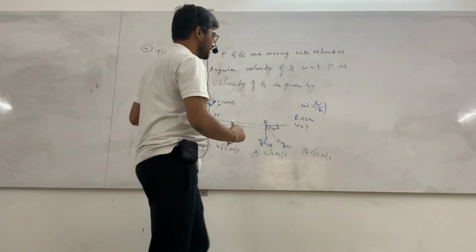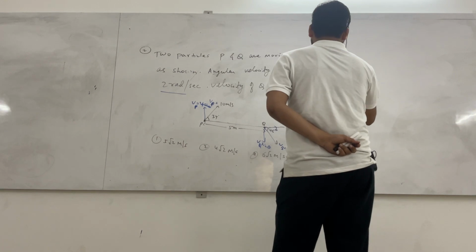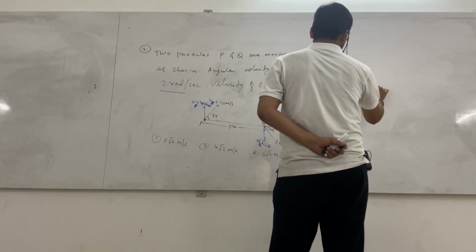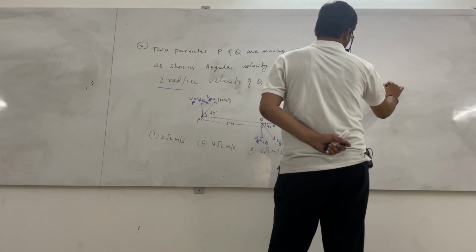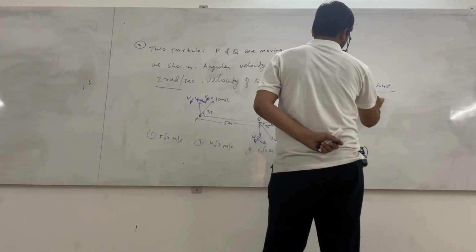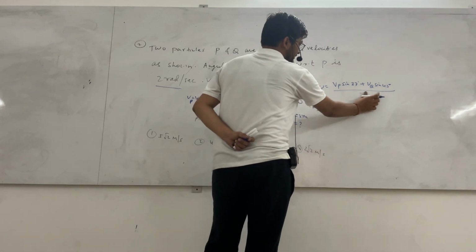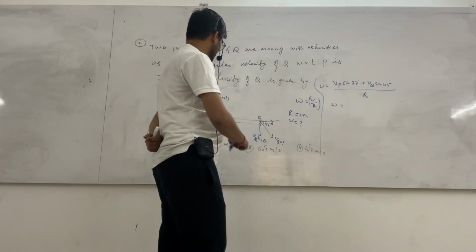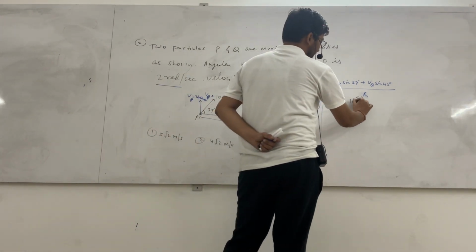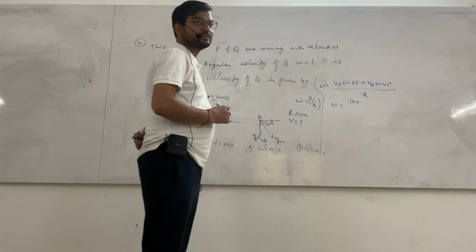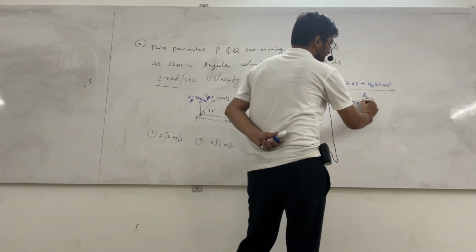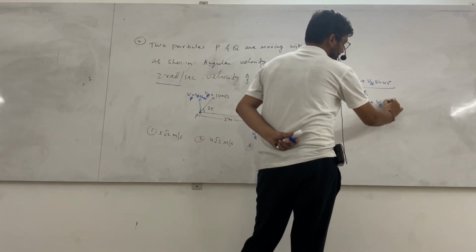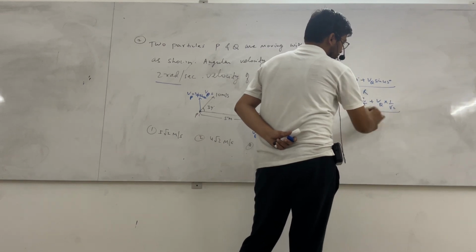So according to this question, the formula for omega is equal to Vp sin 37 degree plus Vq sin 45 degree, divided by capital R. What is the value of Vp? Vp is 10 and sin 37 is 3 by 5. And sin 45 is 1 by root 2, upon 5.